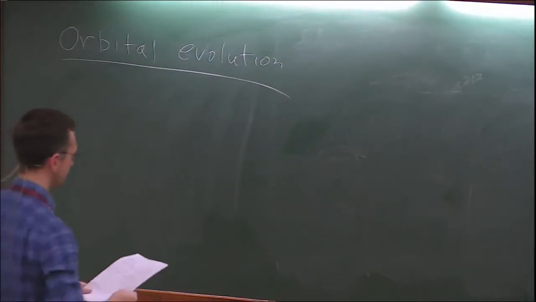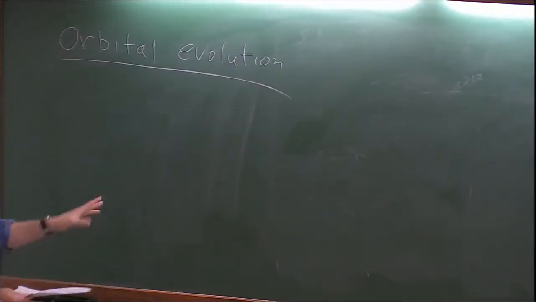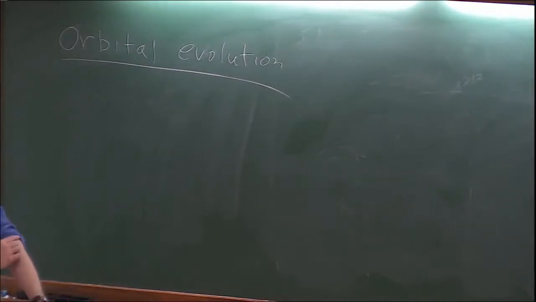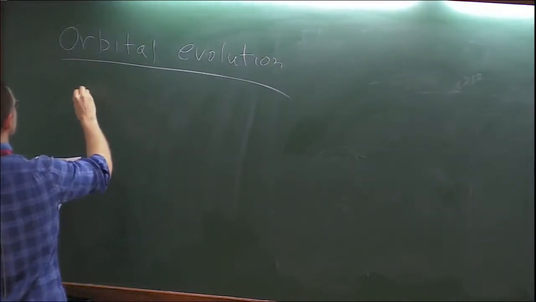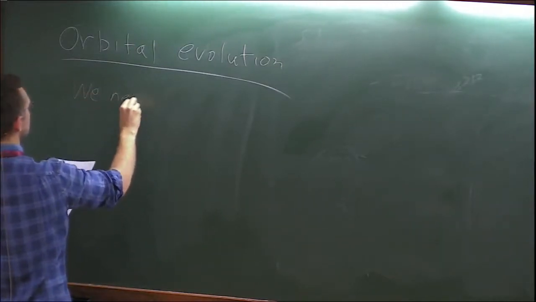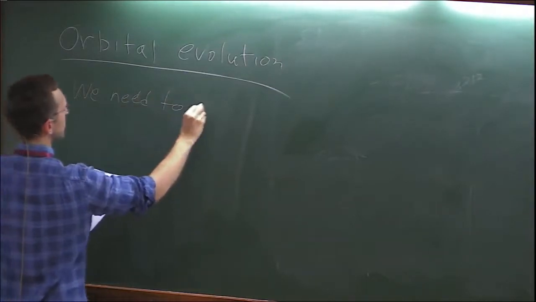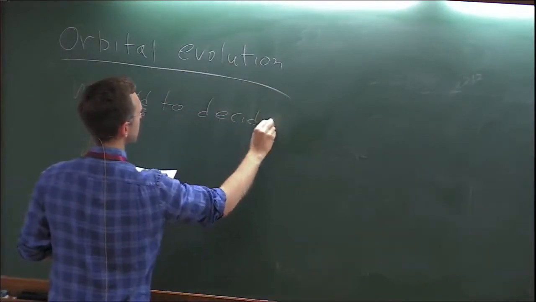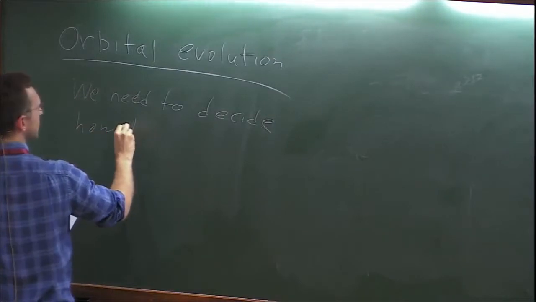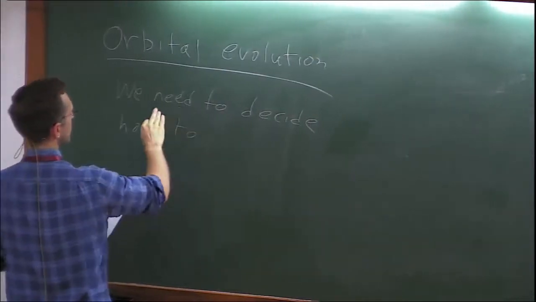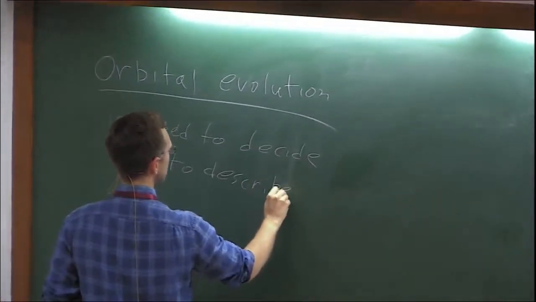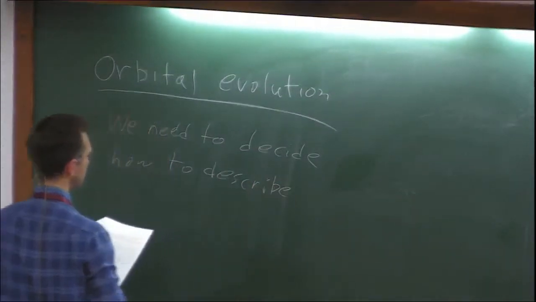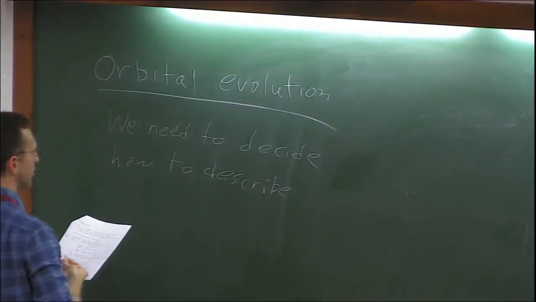So the two things are coupled to each other, and that complicates the analysis of the field equations somewhat. But the key thing is, we need to decide how to describe the orbit before we can decide how to describe the metric perturbation.